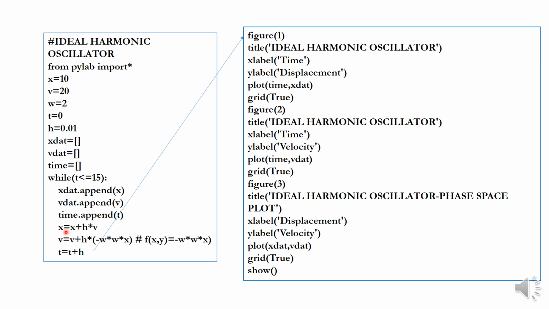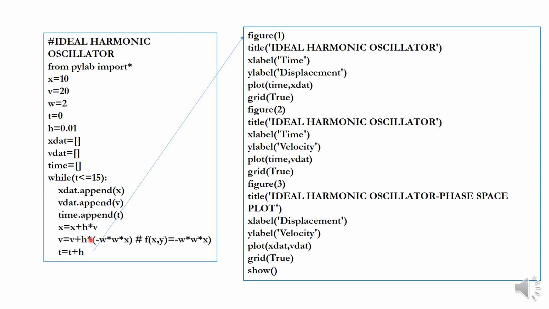Now the new x value is found using the Euler method equation, x equal to x plus, that is x0 plus h into v, that is x0 plus dt into dx by dt, that is the final solution. Then v is equal to v plus, that is v0 plus h into, that is dt into, minus omega square x.